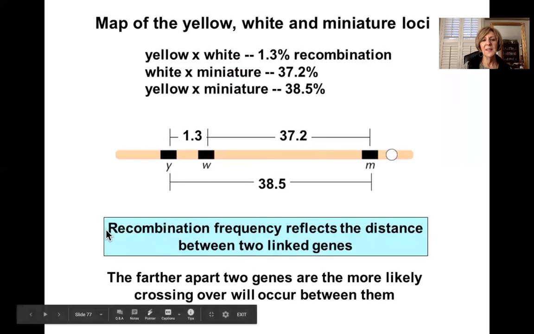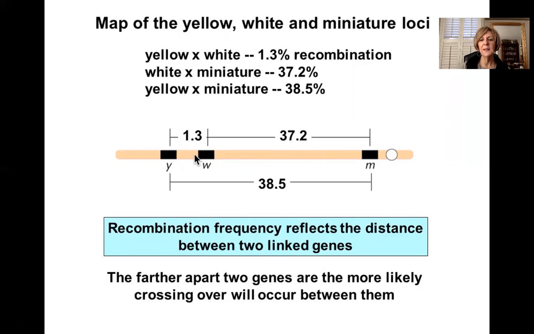And so I can see here are some loci of these particular alleles. So I have yellow, white, and miniature. I don't even know what these are for. So maybe it's like some kind of plant cell or something, okay? So I can see that these only have recombination 1.3% of the time.